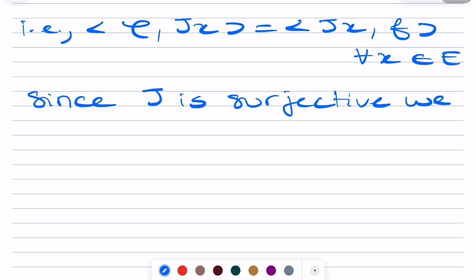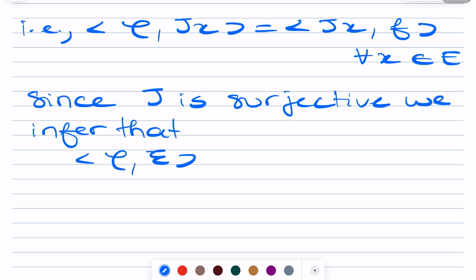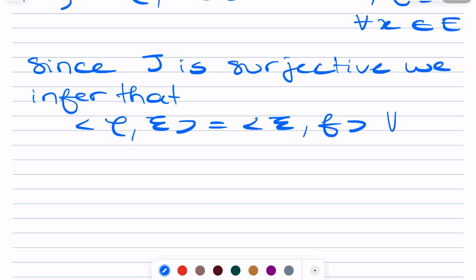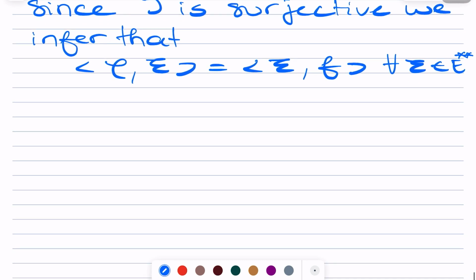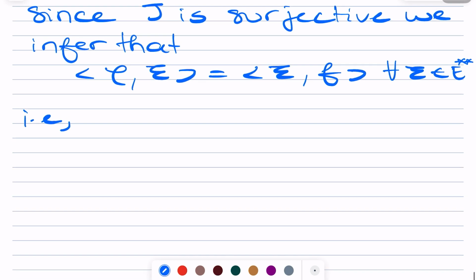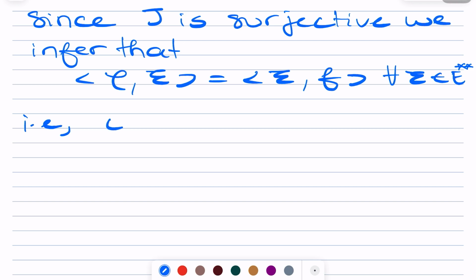we infer from the above relation that the dual pairing between phi and xi is equal to the dual pairing between xi and f for every xi in the bidual.